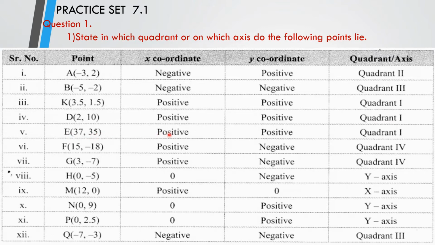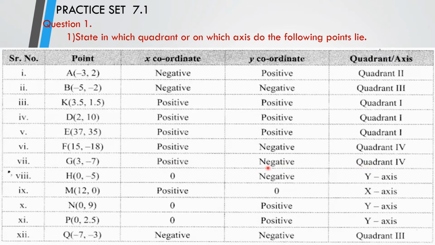Therefore it lies in quadrant 1. And F(15, -18), the x coordinate is positive and the y coordinate is negative. Therefore it lies in quadrant 4. And G(3, -7), the x coordinate is positive and the y coordinate is negative. Therefore it lies in quadrant 4.